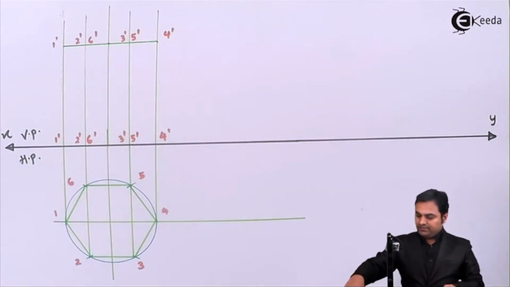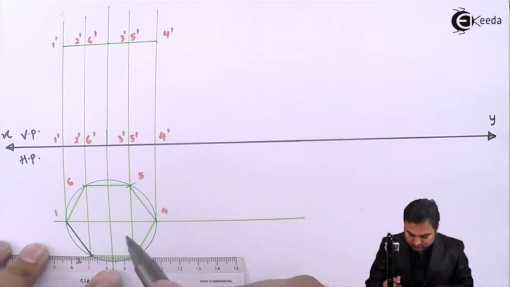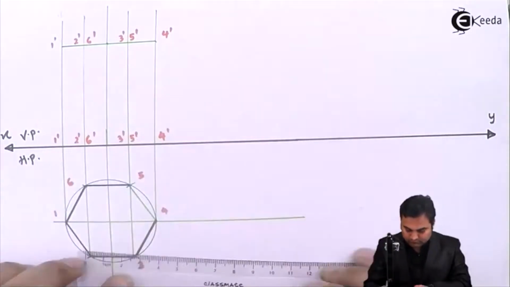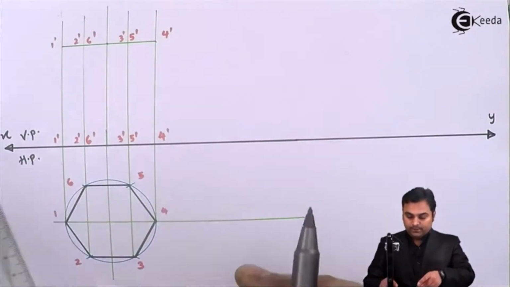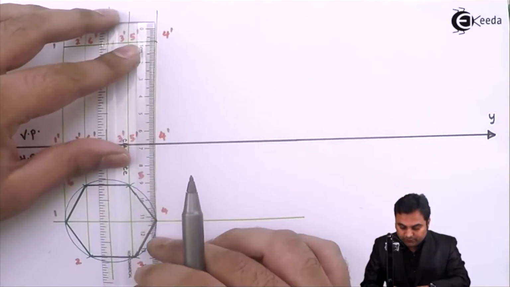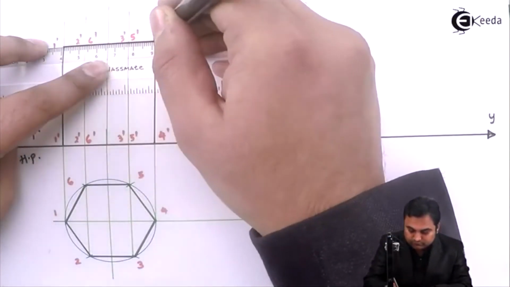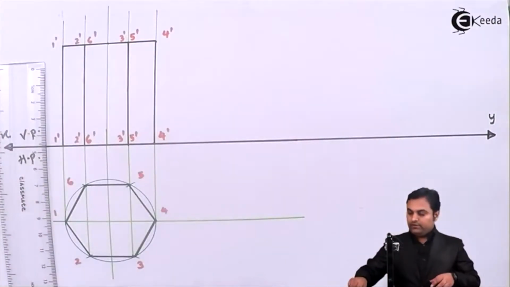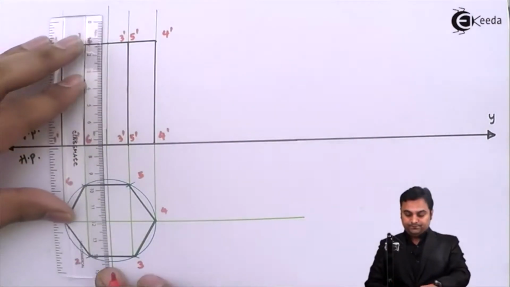Next, I'll make it dark. So this is the hexagonal prism in the top view. Then for the front view, and here this center line indicates the axis of the prism.